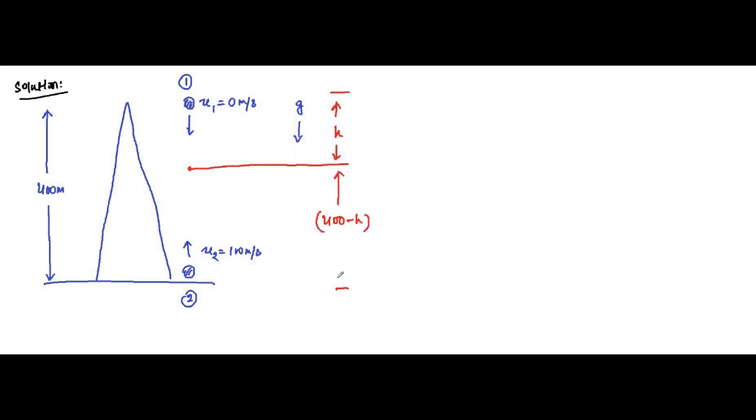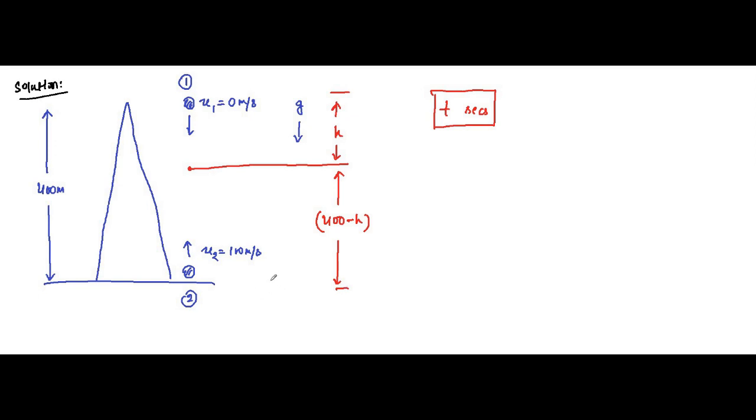This meeting of the two stones happens after a time interval of t seconds, at a distance h below the top of the tower, and this is 400 minus h above the ground.